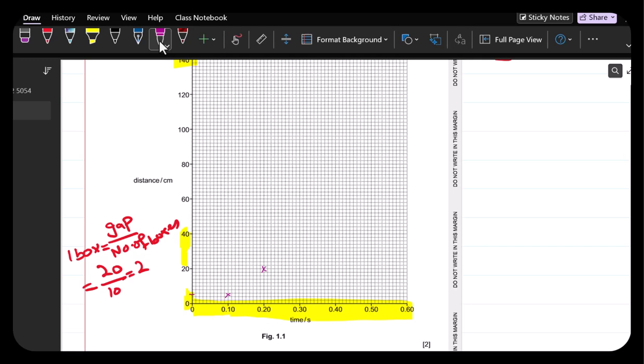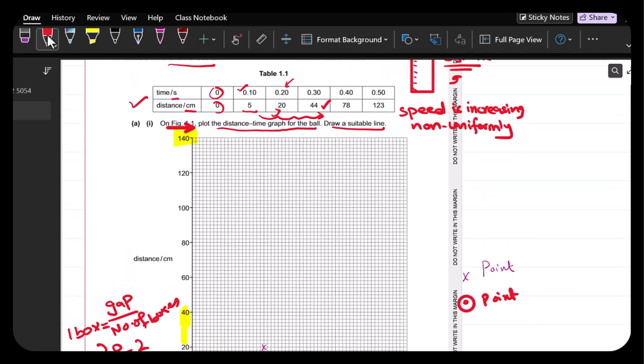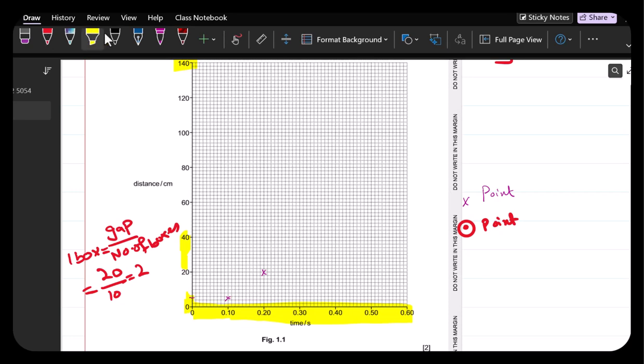So remember, students, always draw a cross. You have to draw the cross for the point. For points, you have to draw the cross. If you are not drawing the cross, you can draw a circle or a point and draw a circle around it. In this way, you have to mark the points. At 0.3, you are having a distance of 44. So 0.3 and we move towards 44, so it will be somewhere here.